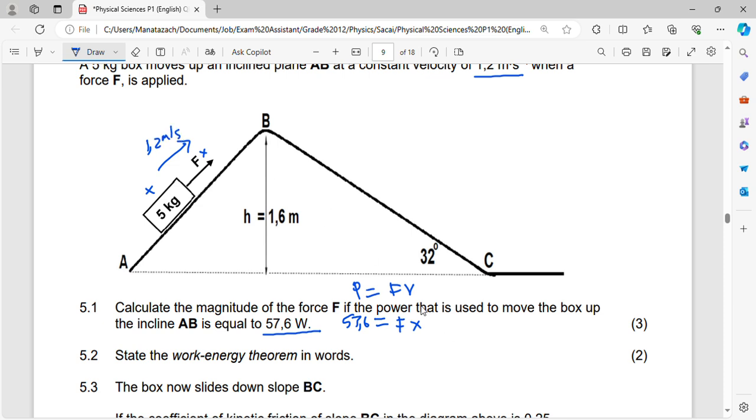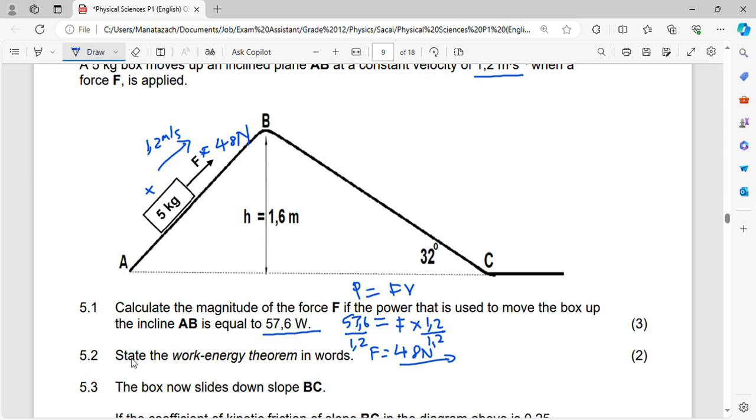So I'll write 1,2 here, and then I can divide both sides by 1,2. Then the force is 57.6 divided by 1,2, which is going to be 48 Newton. So the force here is equal to 48 Newton.